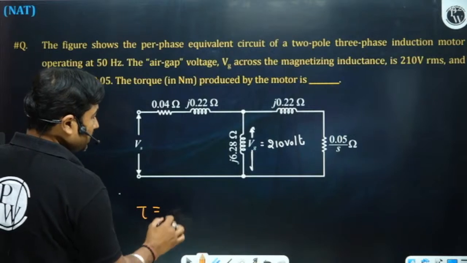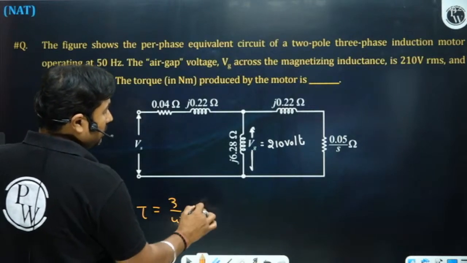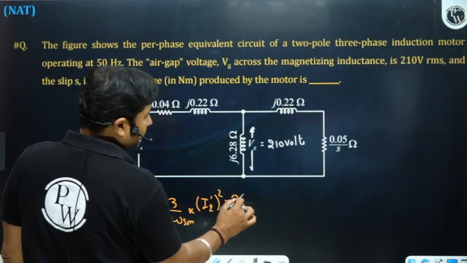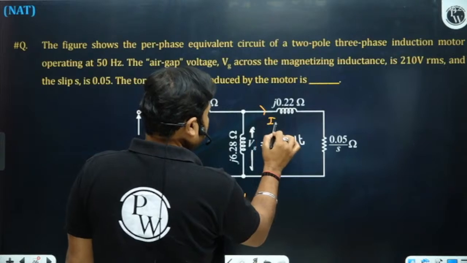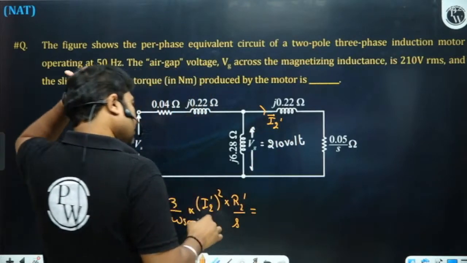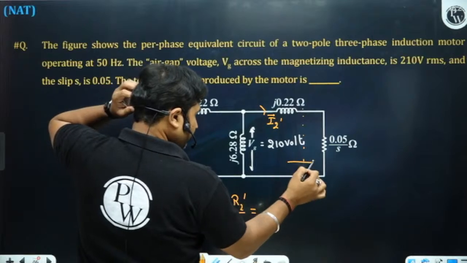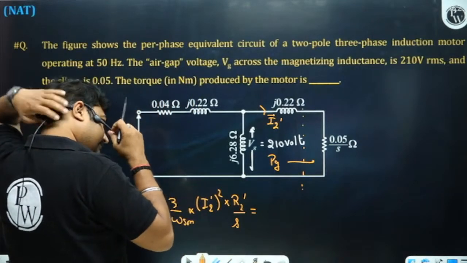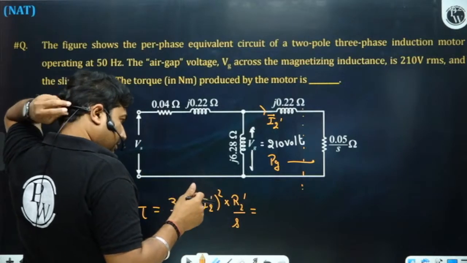What is torque? Torque is 3 by omega Sm into I2 dash square into R2 dash by S. What is the value of I2 dash? Here you have I2 dash. See, the power transferred from stator to rotor is air gap power. Air gap power upon omega Sm is your torque.